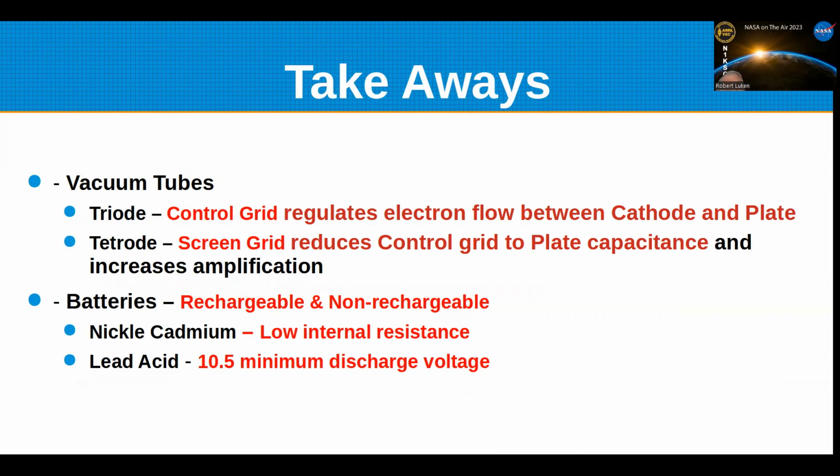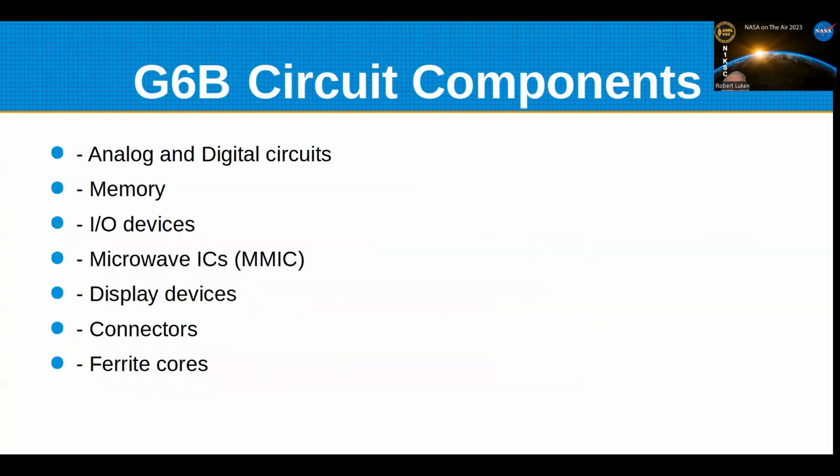We have rechargeable and non-rechargeable batteries, nickel cadmium because they're low internal resistance and high discharge, and lead acids, the minimum discharge voltage that will affect the life of the battery if you go below. Okay. I'm just going to stop.